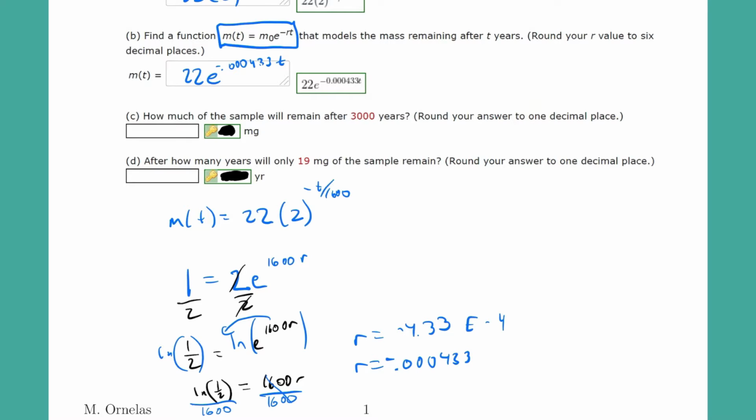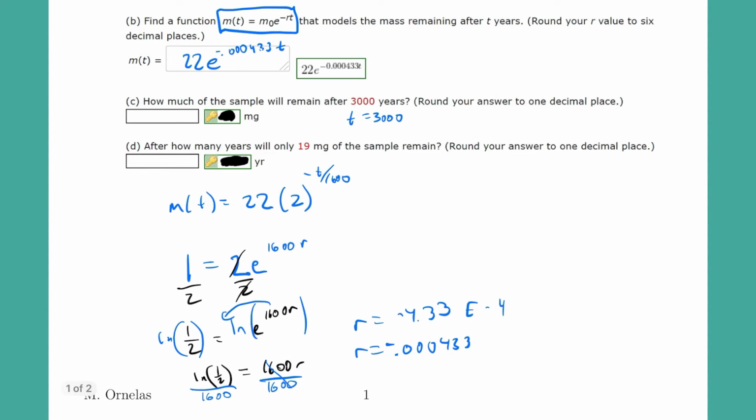How much of the sample will remain after 3,000 years? All right, so after 3,000 years, we got to see how much of the sample remains. That just means that t equals 3,000. So let's go ahead and use the model that we just came up with. M of 3,000, substitute 3,000 into t.